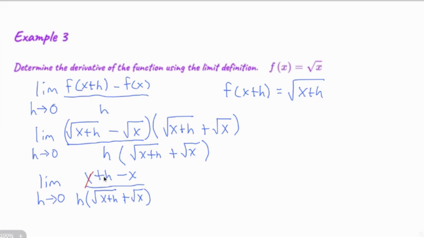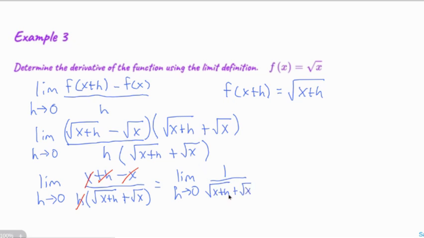And again, in the interest of space, I'll cancel that. And then in proper order, I'll cancel that, which just leaves us 1 at the top. So we got the limit as h approaches 0 of 1 up top, and then the square root of x plus h plus square root of x.